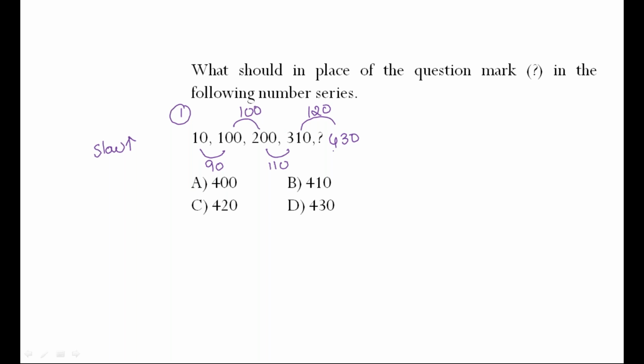So your answer must be 430. Here adding 90, here adding 100, here adding 110, then adding 120. Answer is 430, not 420, my dear friend. Slow increase is done by taking differences.